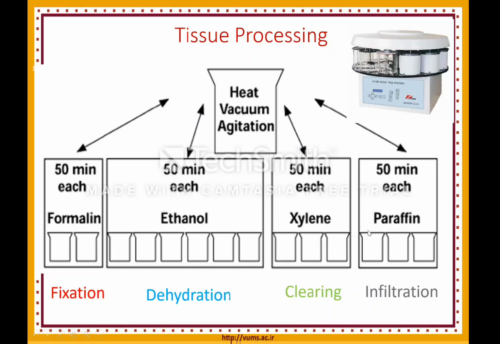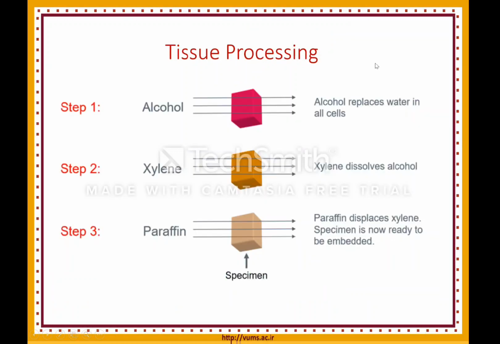In this step, the paraffin infiltrates each part of the cell that previously included water. In the above part you see the time for each jar, 50 minutes or maybe 1 hour 30 minutes; each is changeable with this equipment, with this tissue processor.